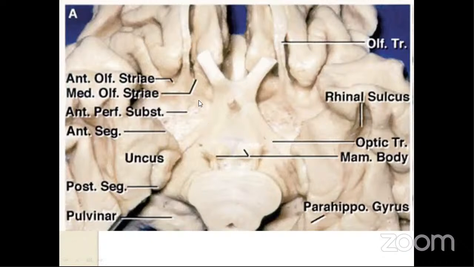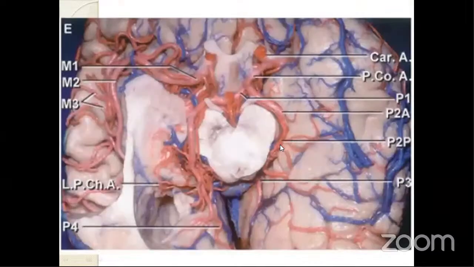And the middle cerebral artery arises somewhere between the optic chiasm medially and the Sylvian Fissure laterally. This image shows the origin of the middle cerebral artery that is lateral to the optic chiasm.